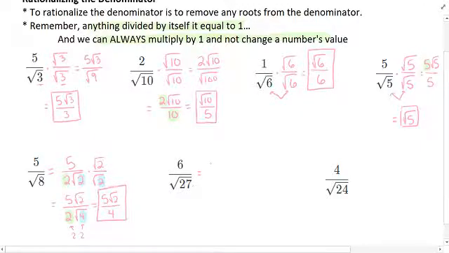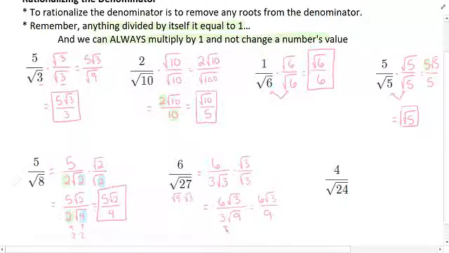Let's do this again. Again, the square root of 27 is not simplified, so let's simplify that. Since 9 divides in there perfectly, we'd have the square root of 9 times the square root of 3. That's what the square root of 27 is. So this simplifies to 3 root 3. Now to rationalize, I'm going to multiply by the square root of 3 over the square root of 3. This gives me 6 root 3 over 3 root 9, which is 6 root 3 over 9.